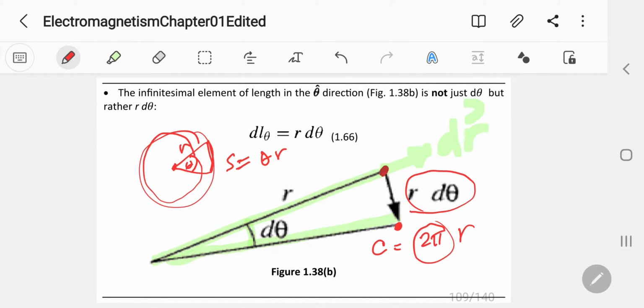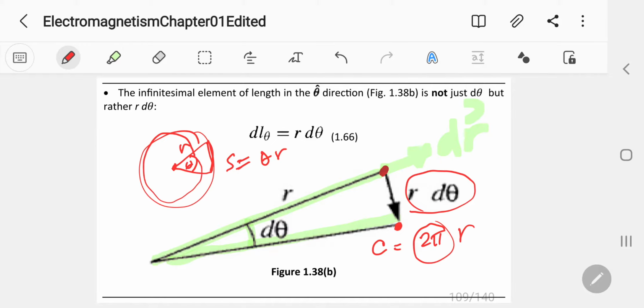And if this r sine theta will move some d phi, then that would be ds equal to r sine theta d phi. So that's that one, or this one here.